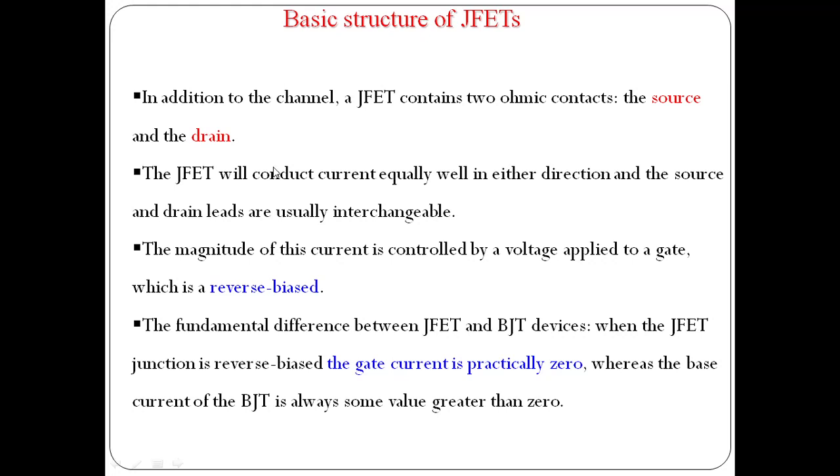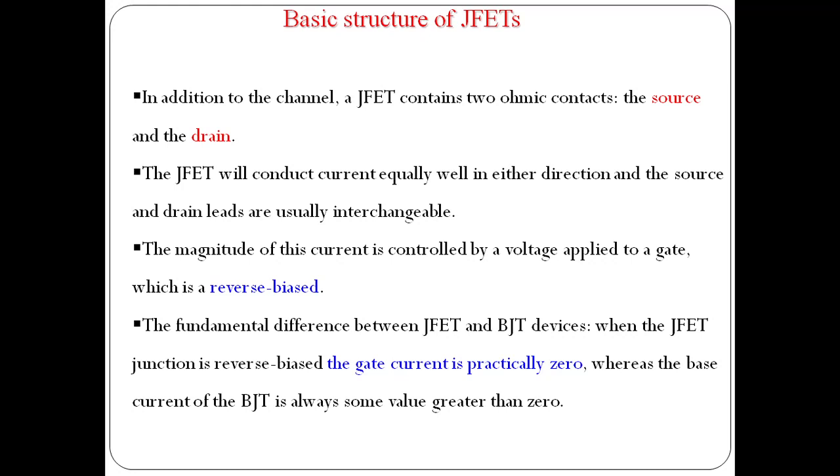JFET will conduct current equally well in either direction, and the source and drain leads are usually interchangeable. The magnitude of the current is controlled by a voltage applied to a gate, which is reverse biased.